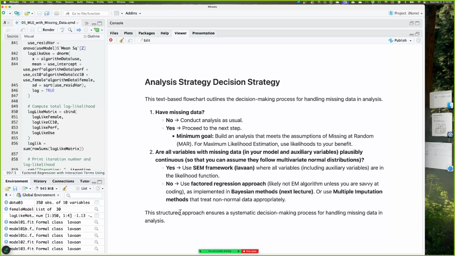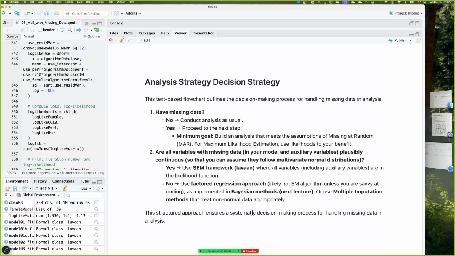Any questions for me before we end class today? Yes. The question was, what's the advantage of saturating the model? The advantage is model fit. Model fit becomes perfect in a saturated model.